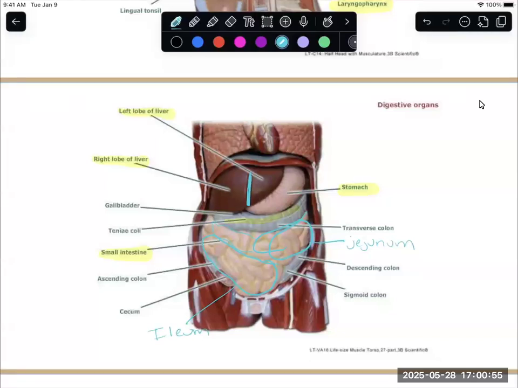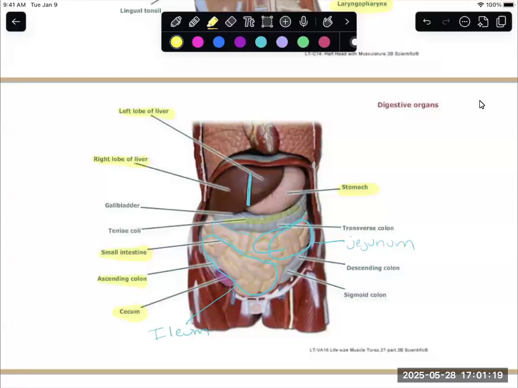Our large intestine is separated off into different areas. We are going to have our ascending colon. Well, the first part is technically the cecum. Let's start there, the cecum. Here, it's that cecum area.